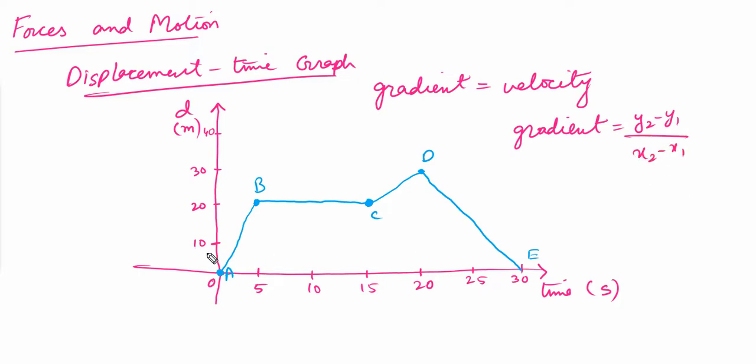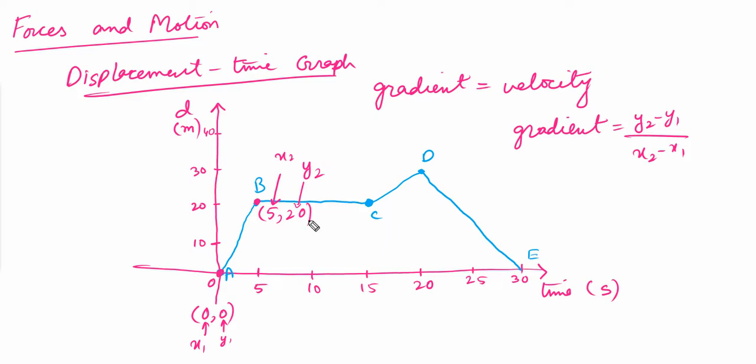For example, this point is A, so it has coordinates 0, 0. This point is point B, which has coordinates 5 and 20. So this 0 will be considered as x1, this 0 will be considered as y1, this 5 will be considered as x2, and this 20 will be considered as y2.